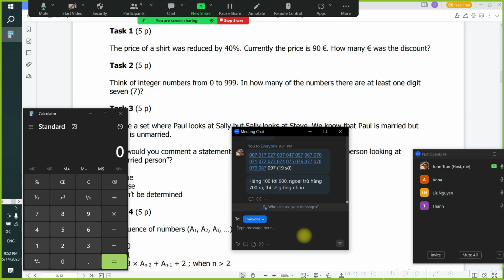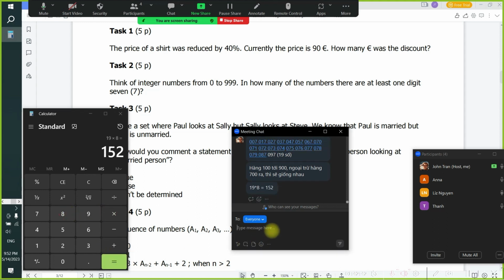So we have 100, 200, 300, 400, 500, 600, 800, 900. So 8 times 19. 19 times 8. So it's going to be 152.